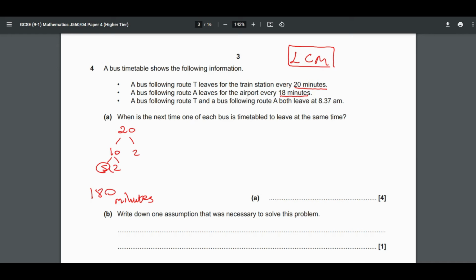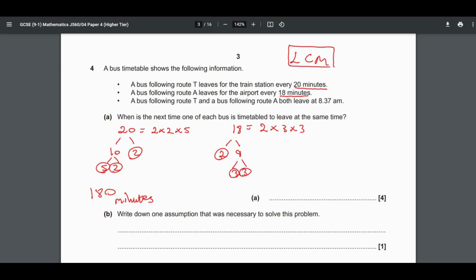So we've got 5, 2, 2. So to get 20, it will be 2 times 2 times 5. And then for 18, it will be 2 and 9, and 3 and 3. So it's 2, 3, and 3. So to get 18, it's 2 times 3 times 3.